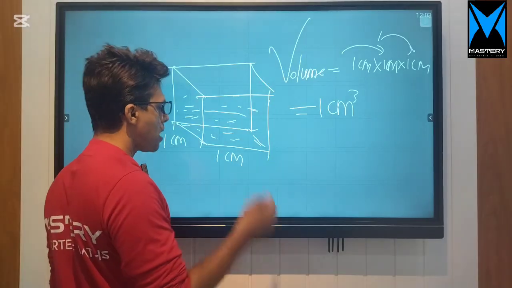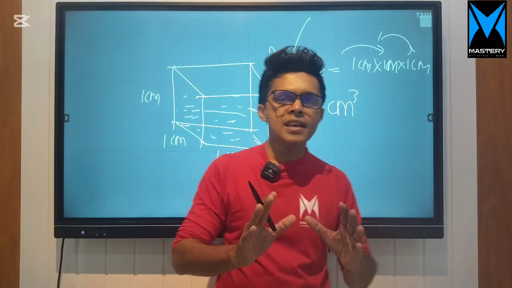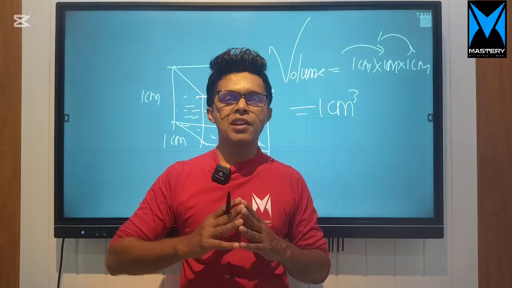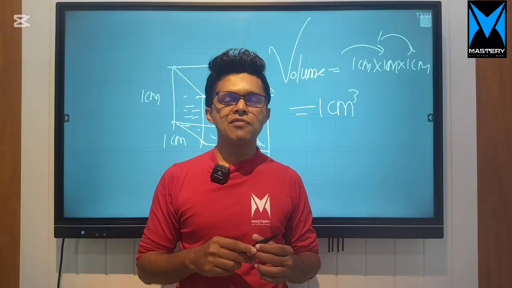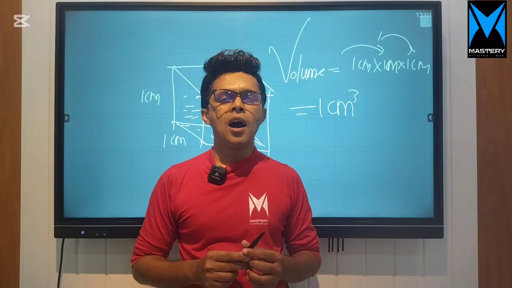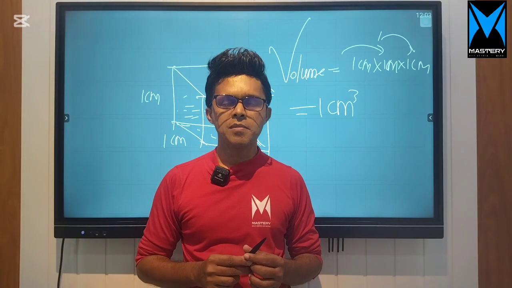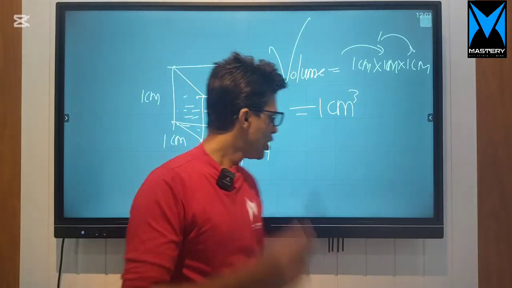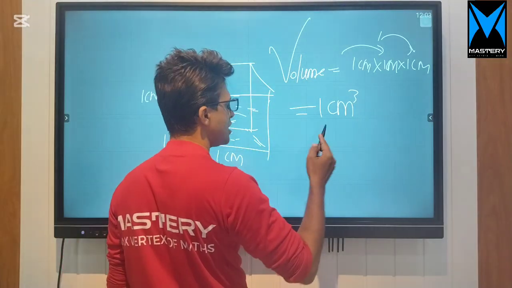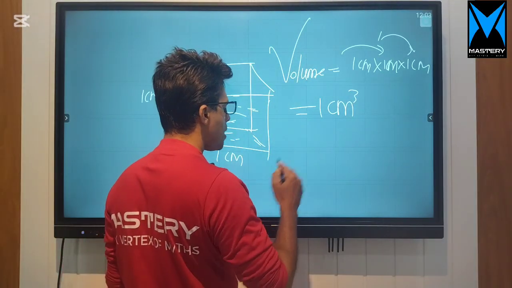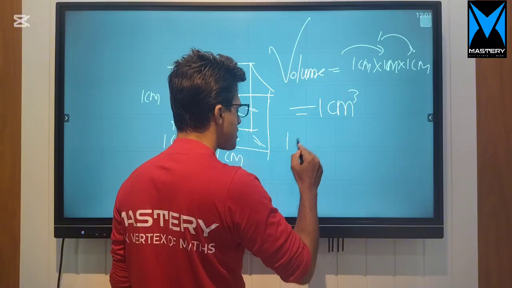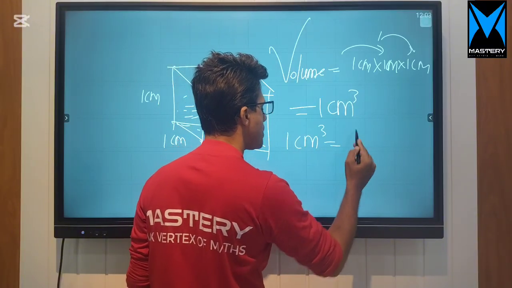cubic centimeter. But when we measure capacity, we do not talk about cubic centimeters. We talk about milliliters. So just learn the relation. The capacity of this container is 1 milliliter.